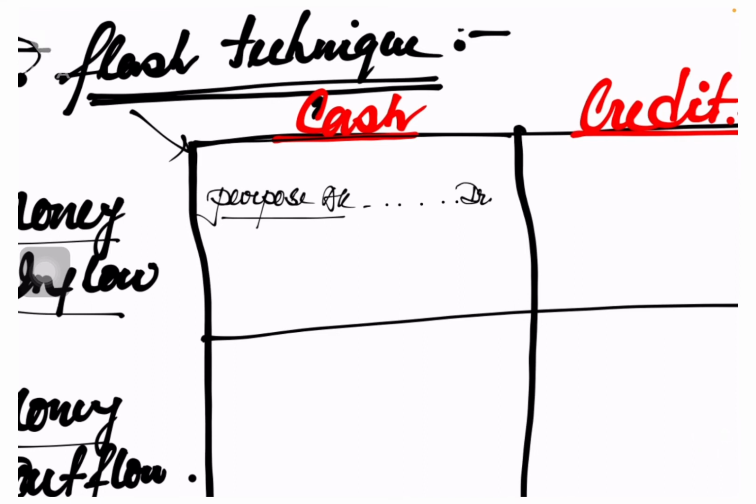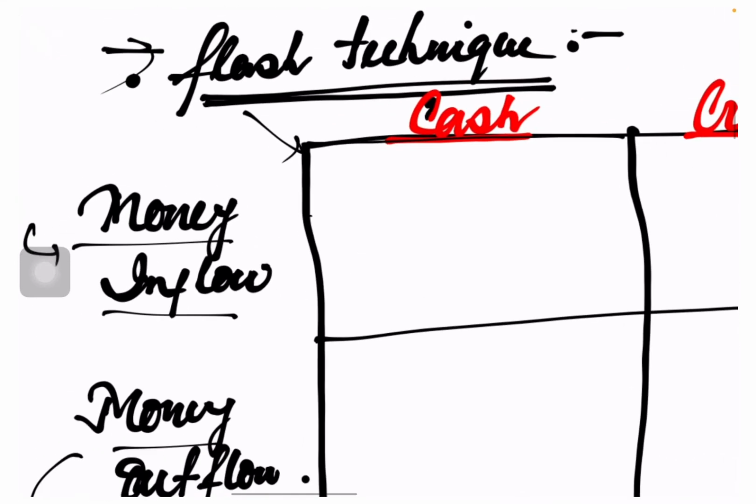If it is money inflow, I'm sorry, not the purpose account debit. In the debit side, first, if it is money inflow, then cash or bank account debit, to purpose account.